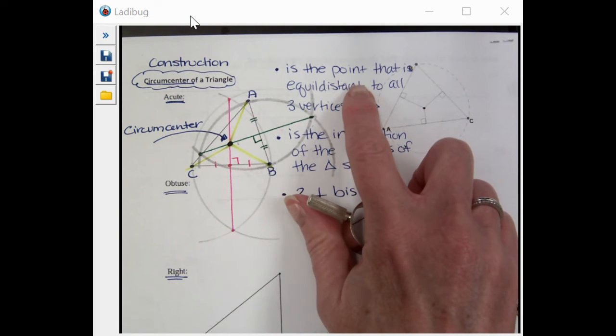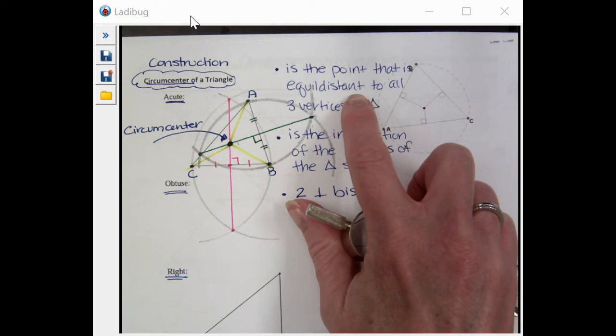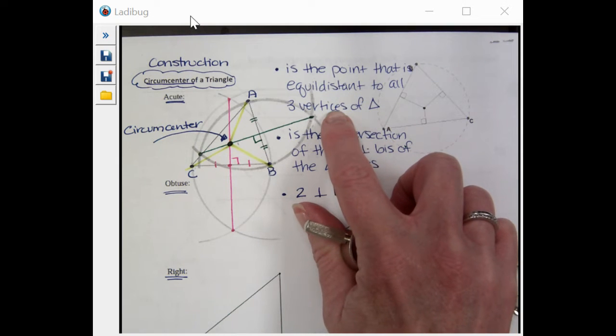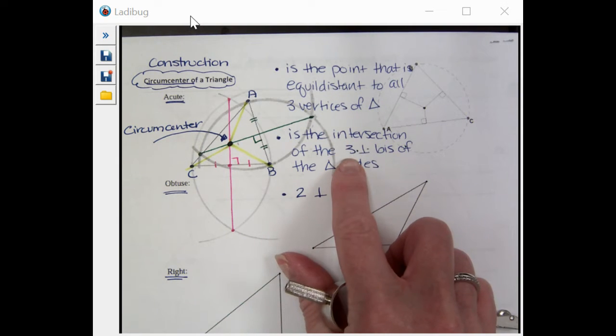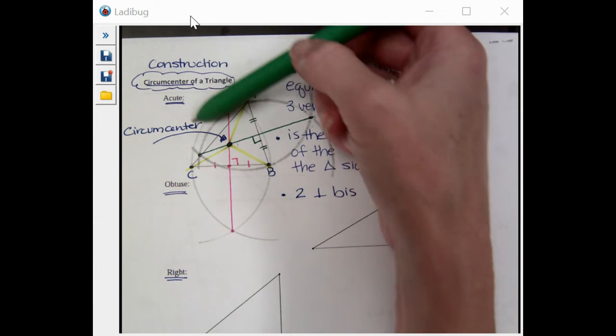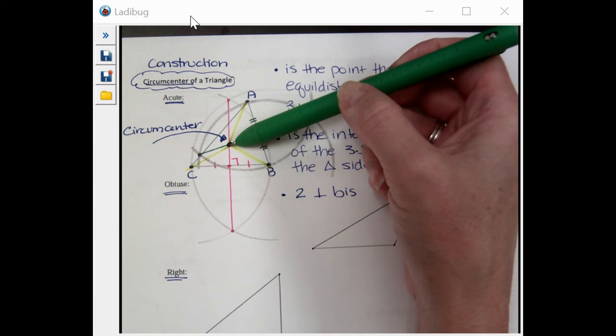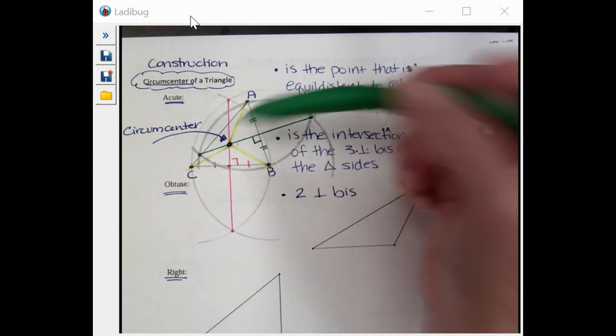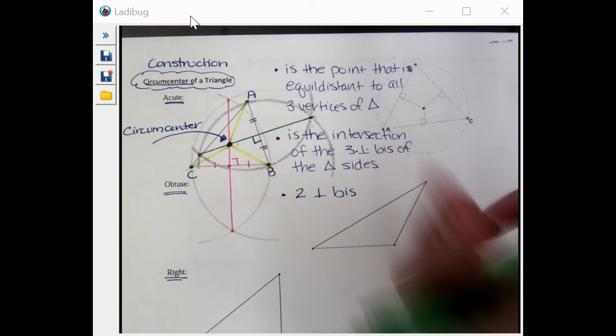Because my circumcenter should be the one point that is equidistant to all three vertices. Can I do the third perpendicular bisector? Sure. But you're going to find when you do it, it's going to go through the exact same point that I just found. It's a great double check on a test.